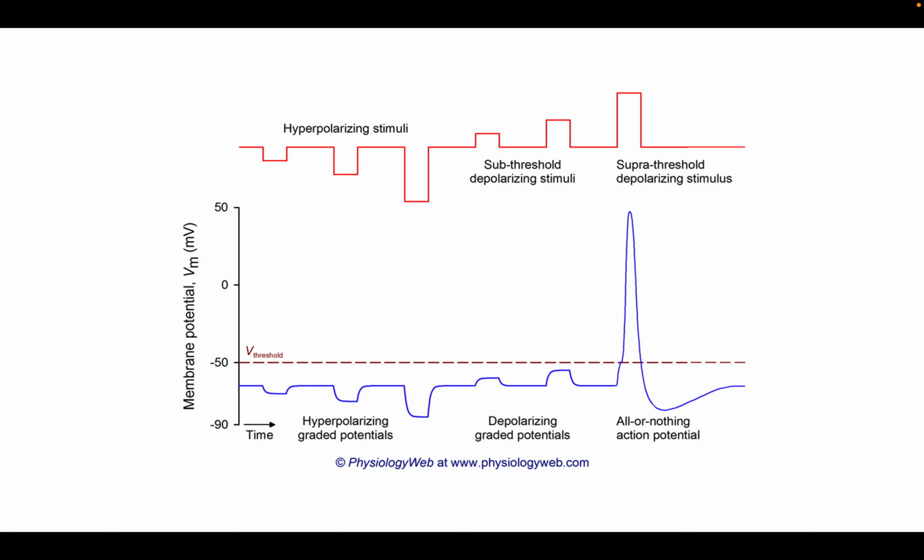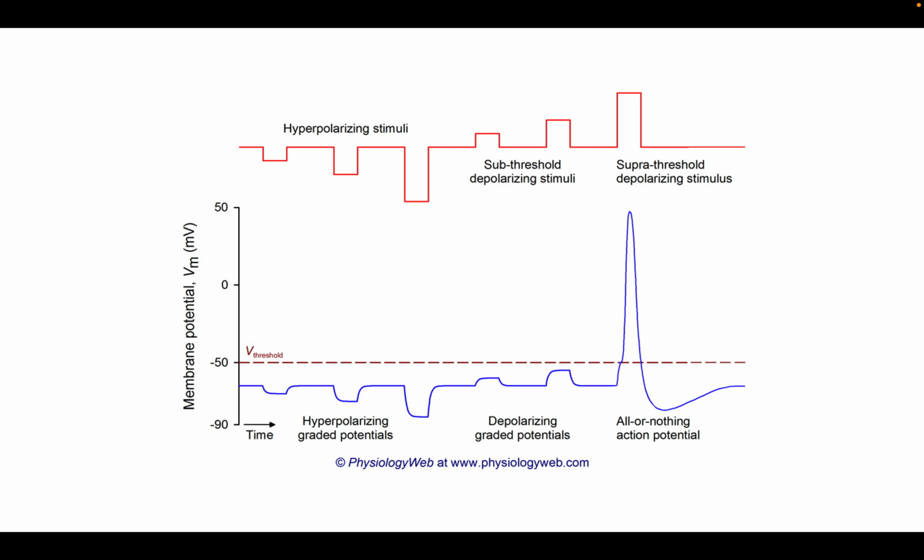So what this graph is showing is, on the top it's showing the different types of stimuli, so a particular stimulus that's arriving at a neuron, and then below you have the corresponding change in the membrane potential. All right, and you can see that a particular type of stimulus causes a similar type of change in the membrane potential.